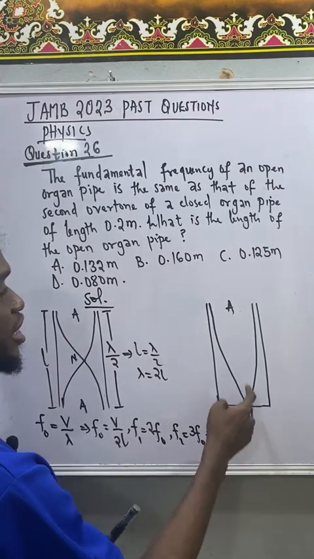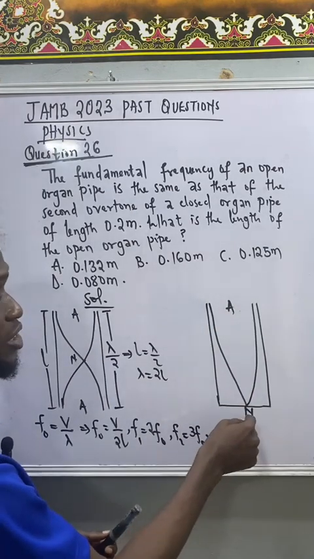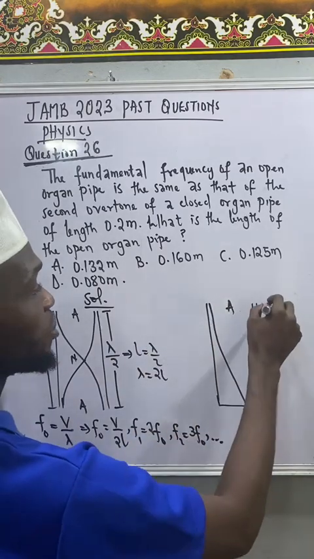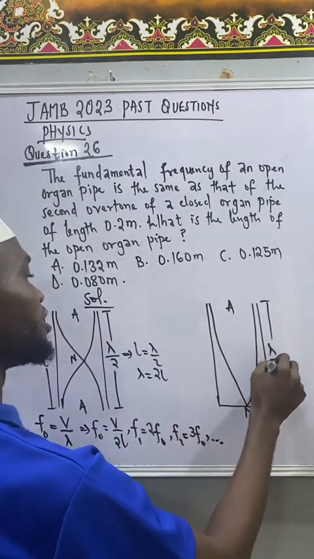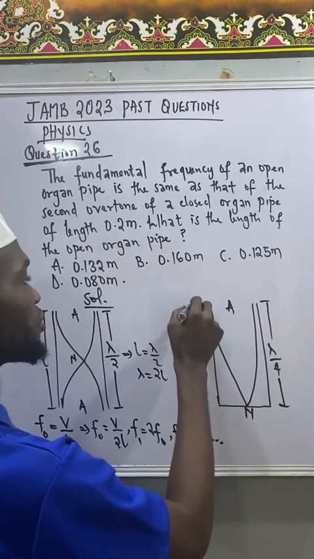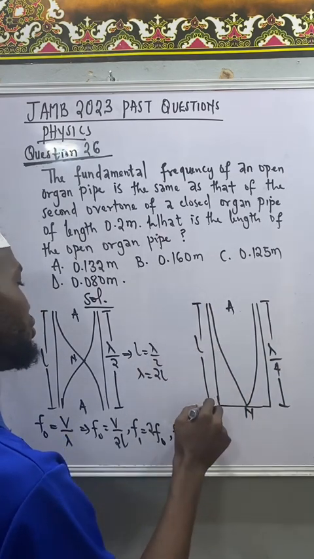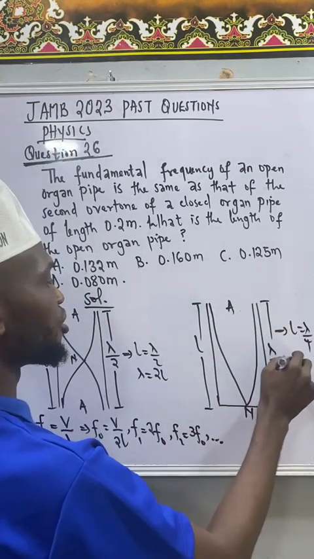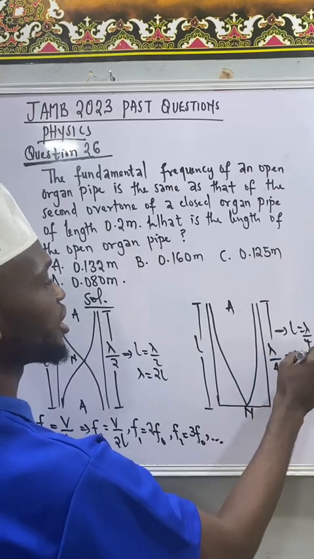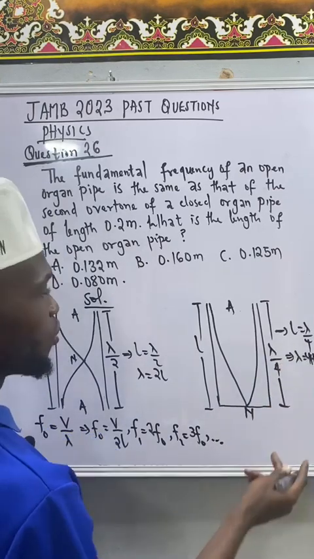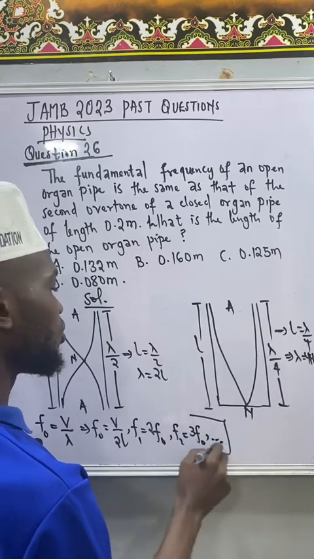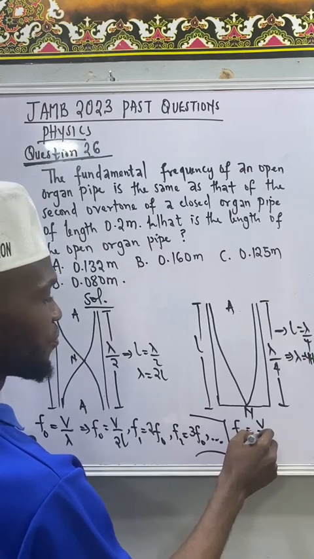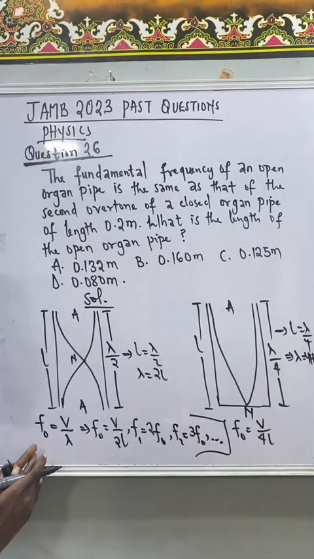The distance between a node and the successive antinode is taken as lambda divided by 4, and this corresponds to the total length of the air column. So L equals lambda over 4. If I make lambda the subject of the formula, I will have 4L. So the fundamental frequency F0 will be equal to V over 4L, just like we derived it from here.